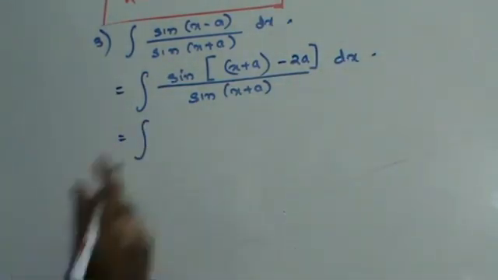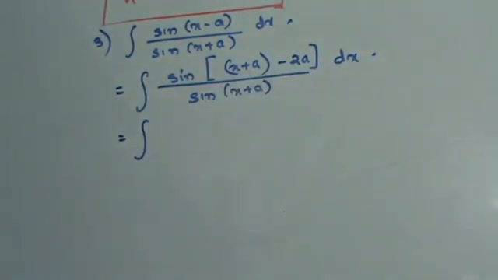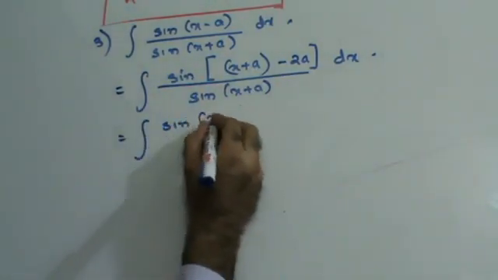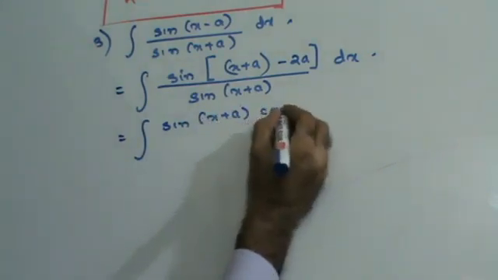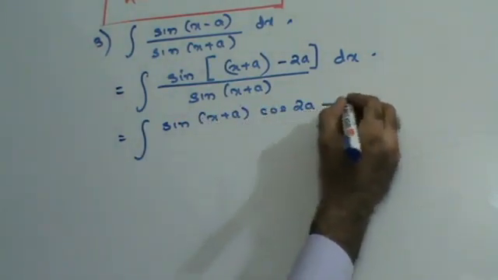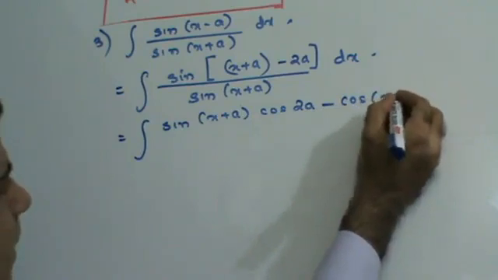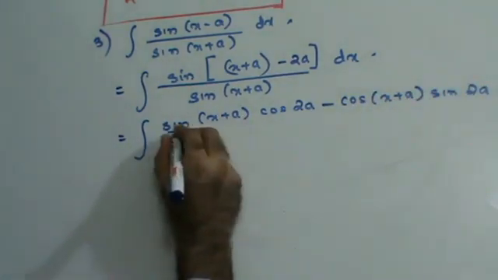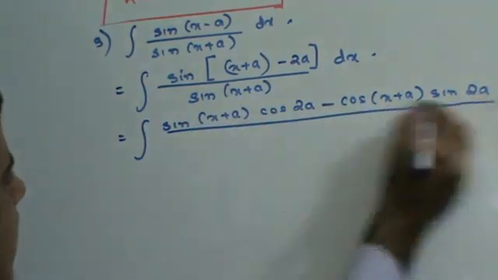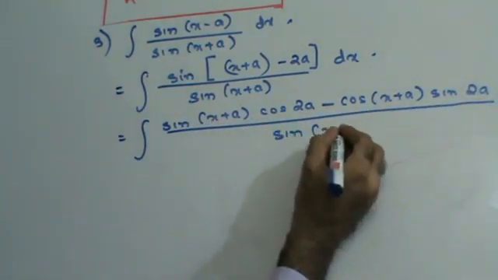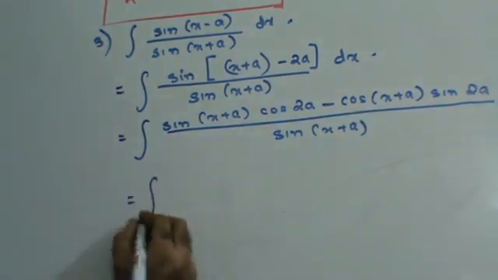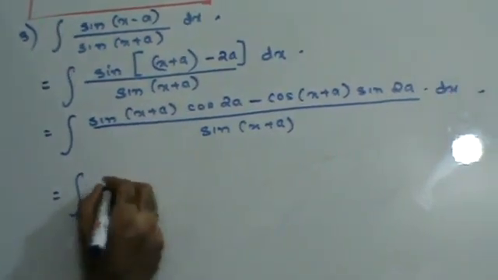Now I can expand this by using the addition formula. Sin a minus b is sin a cos b minus cos a sin b, upon sin x plus a dx. This can be written by splitting the numerator.